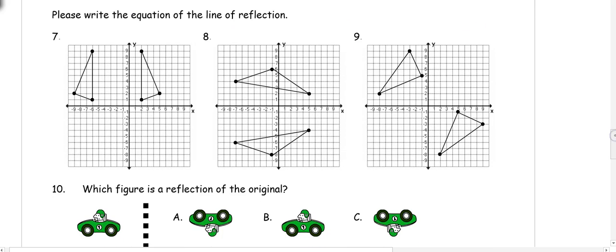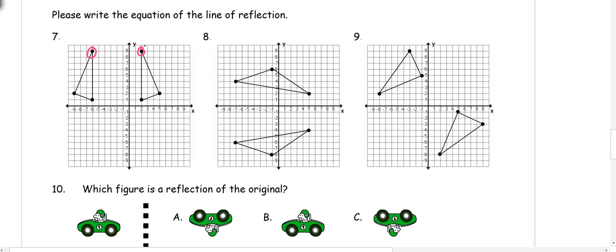Now we're going to go the opposite direction. Our graphs are drawn for us, and we need to figure out the line of reflection. The line of reflection is going to be in the middle of our points. So we're going to pick 2 points and figure out where the middle is. One of them is at -6, 9, the other one's at 2, 9.